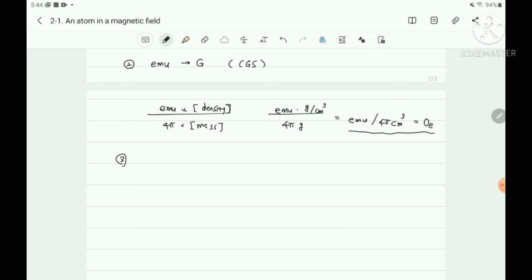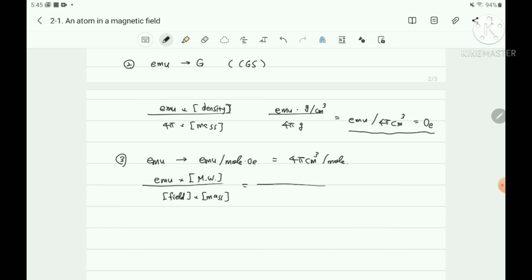And in the third case, for magnetic susceptibility, the unit should be emu per mole oersted order. It is identical to 4 pi cubic centimeter per mole. In this case, emu is multiplied by the molecular weight, and divided by the magnetic field times the mass.